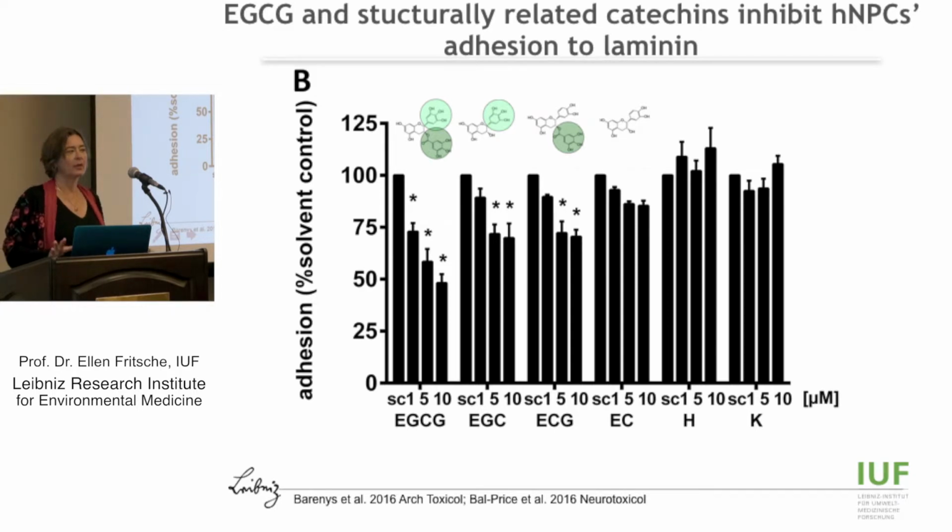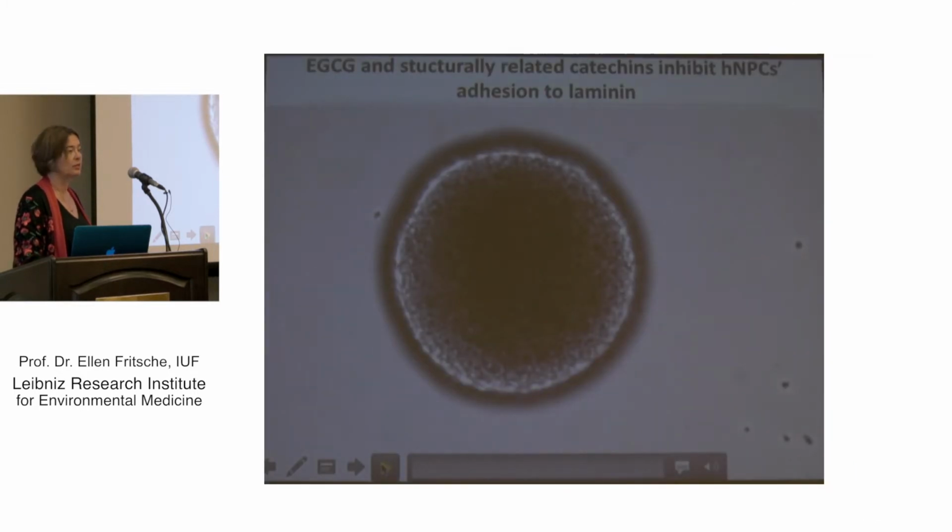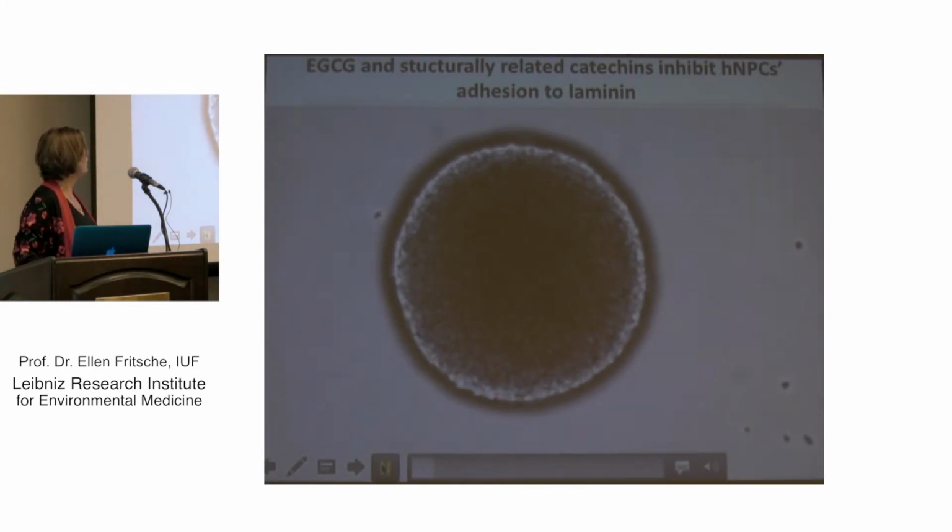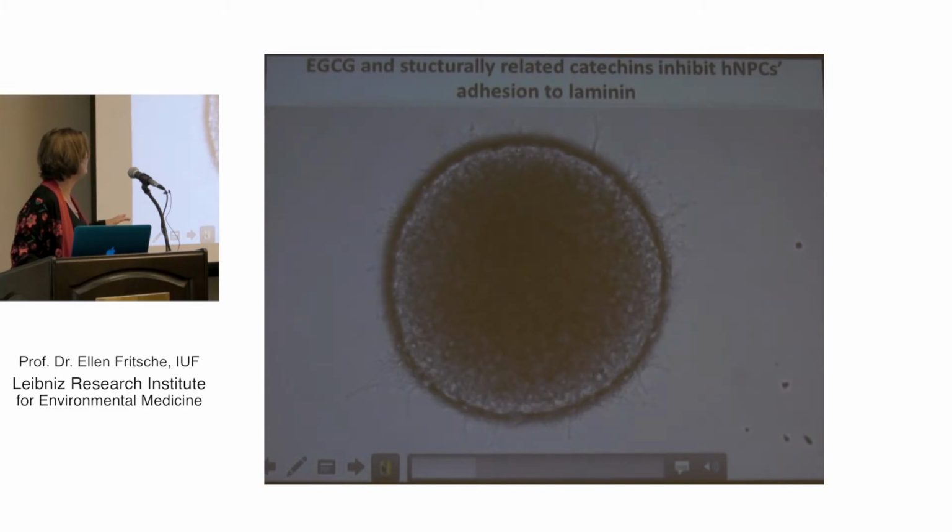So this made us think that through these galloyl and pyrogallol groups, the EGCG can bind to the laminin and stop adhesion. And if the cells don't adhere, you should maybe see something while you plate them. And this is why we did a time-lapse video. So what does the neurosphere do when you plate it on an EGCG-covered laminin?